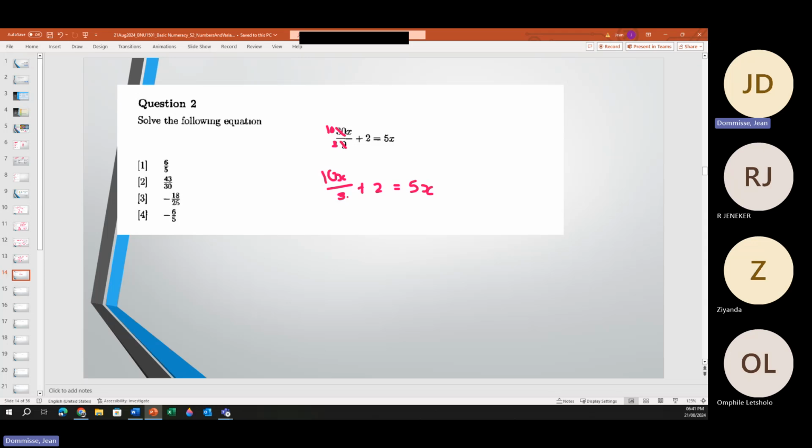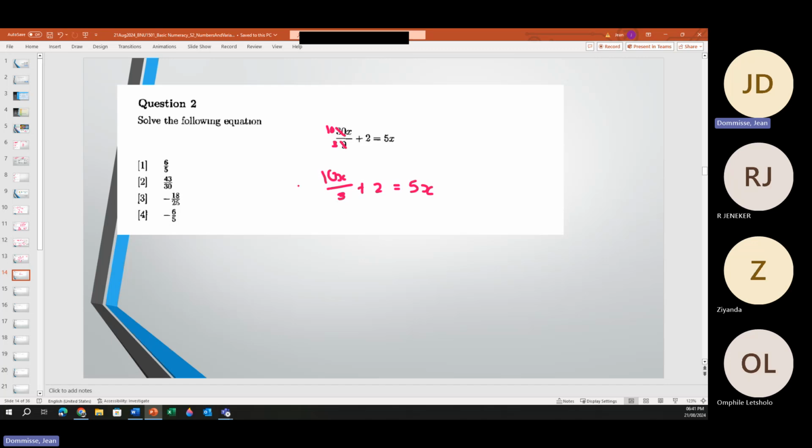So 10x over 3 plus 2 is equal to 5x. So that still doesn't solve what I need to do. So the next thing I can do is, you are allowed to multiply out by 3 so that we can get rid of it, but we then need to multiply each term with that.